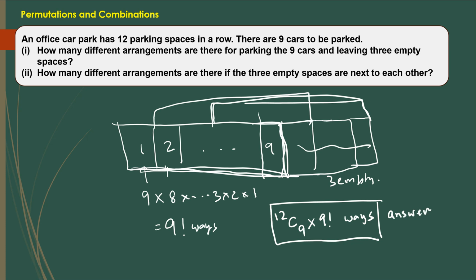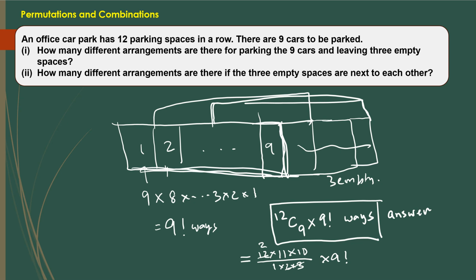So if we now put in an equal sign, what is this equal to? 12C9 is 12 times 11 times 10 divided by 1 times 2 times 3. So that is 220 multiplied by factorial 9.